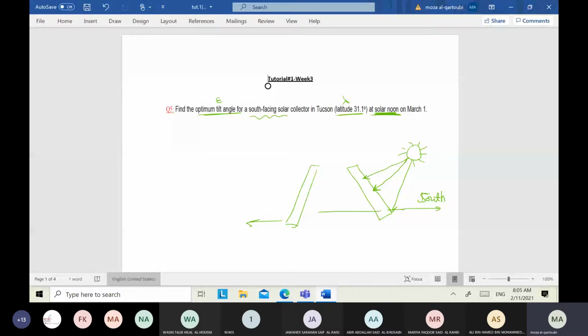Also we have another note. I will sketch only one ray, depends on the sun, so it will be perpendicular in this example on this side.